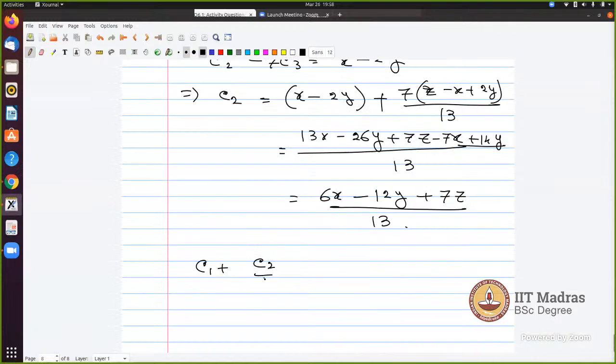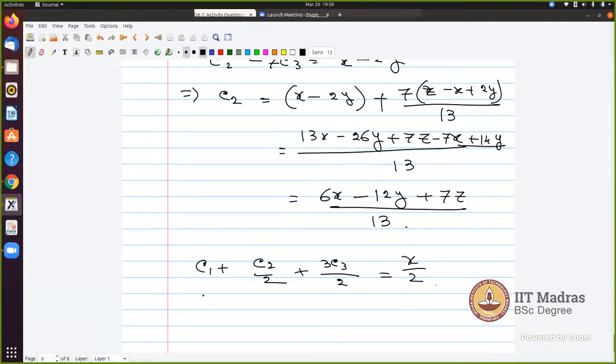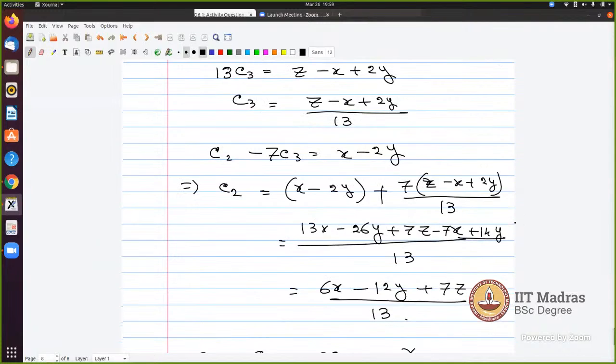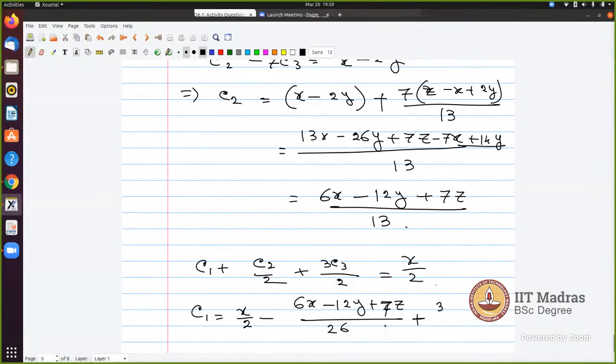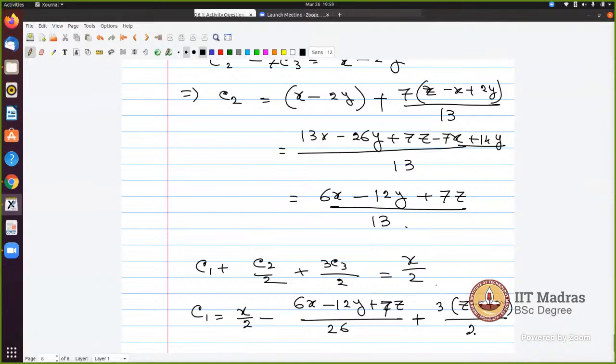C1 plus C2 by 2 plus 3 C3 by 2 equals x by 2. So from here I can get my C1. C3 is (z minus x plus 2y) by 13, this is minus, right?